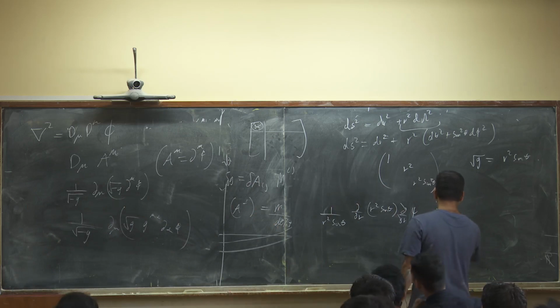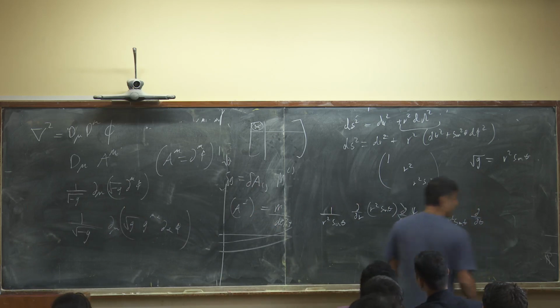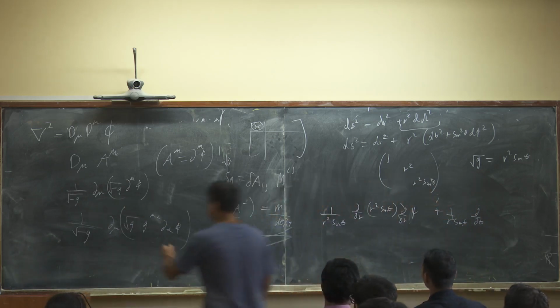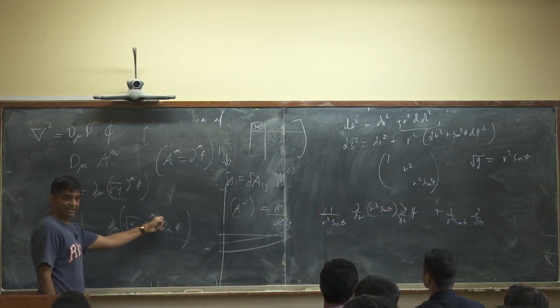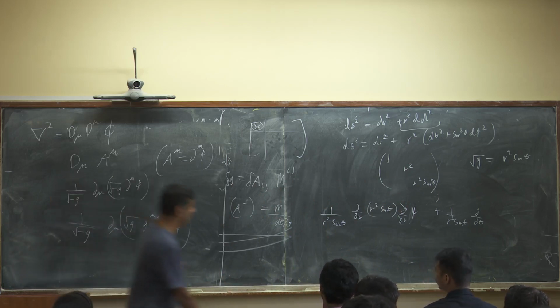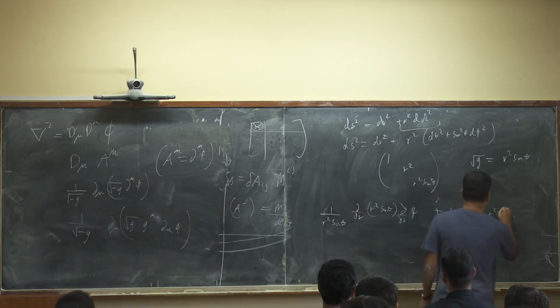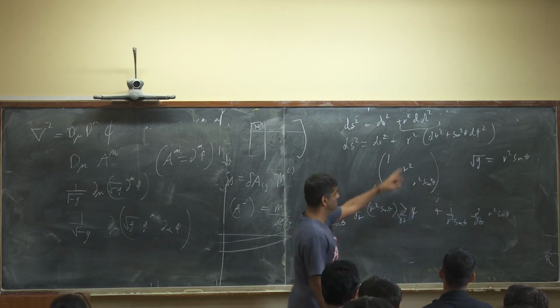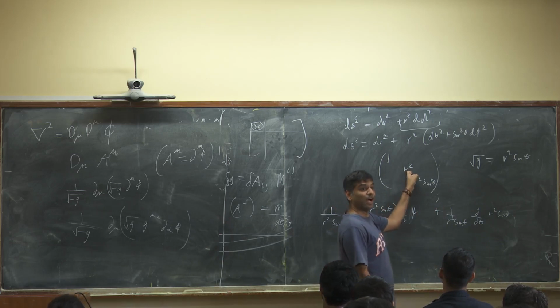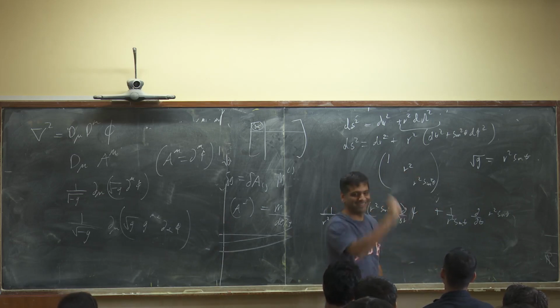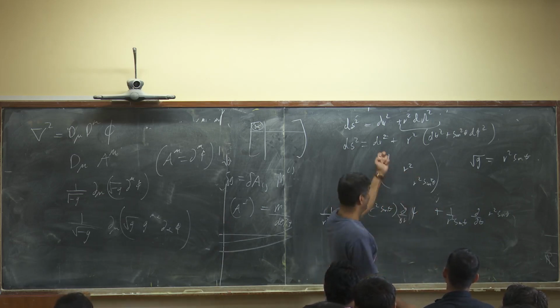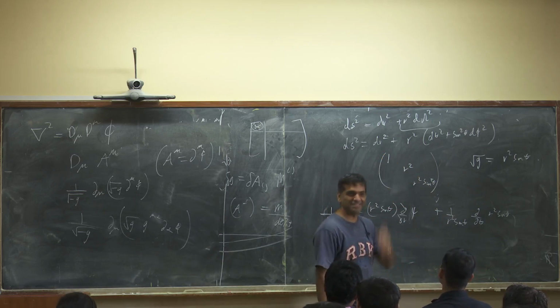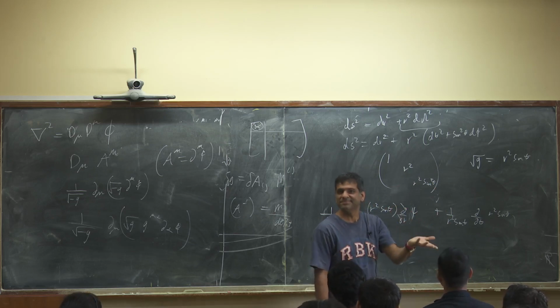Plus 1 over r squared sine theta, del by del theta. Now there are 2 things that should come in here: a g theta theta and square root g. Square root g is what it was, r squared sine theta. What's g theta theta upper? 1 over r squared. It's the inverse of this matrix. Inverses usually are hard to calculate, not for diagonal matrices. Just invert the elements.